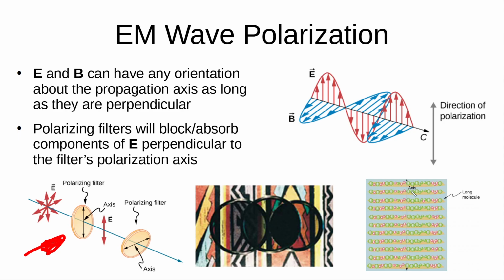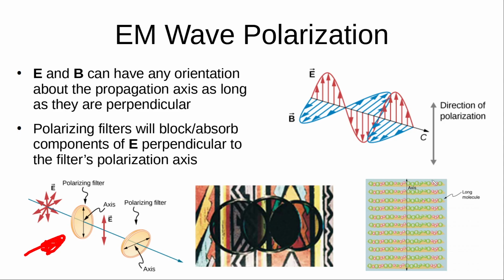So what a polarizer is in reality is usually some kind of material that has very long molecular chains, usually some sort of plastic material with long molecule chains that are all oriented in the same direction. And when an electromagnetic wave passes through such a filter, if the polarization of the electric field is parallel to those long molecular chains, then it will cause electrons in those long chains to move back and forth.